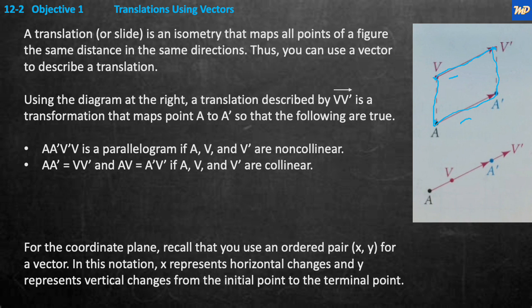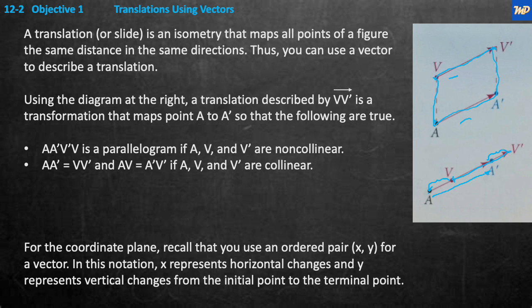So they're showing you here, here's V, from here to wherever it comes out to this arrow out here to V prime. Okay, so that's this one here. And then you have A to A prime, I'll drop below. A to A prime is right here, but they're on top of each other, right? So what they're saying is that A A prime is equal to V V prime, and AV, this little distance here, is equal to the little distance here.